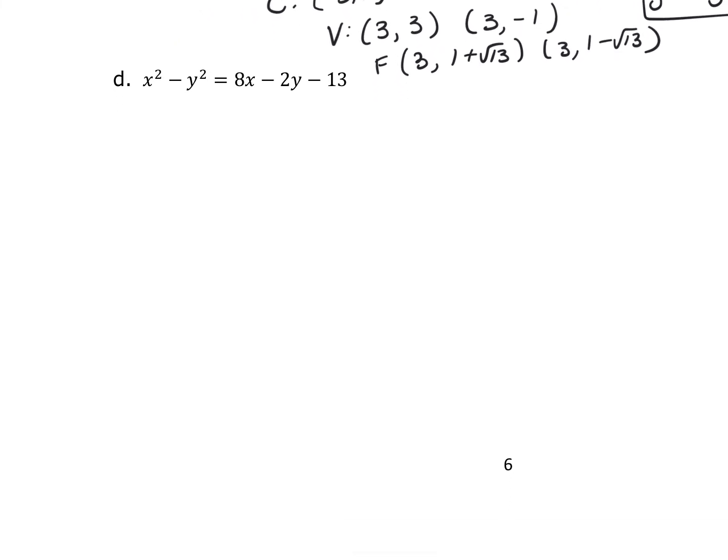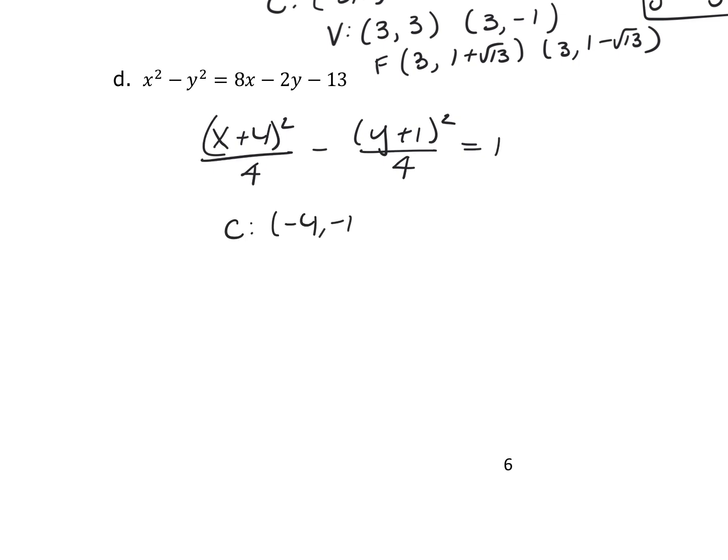Now, this one, of course, you had to move everything over, and your equation is (x plus 4) squared over 4 minus (y plus 1) squared over 4 equals 1. Your center is at (-4, -1). Your transverse axis is running parallel to the x-axis.